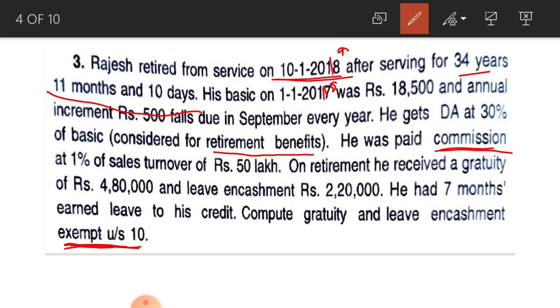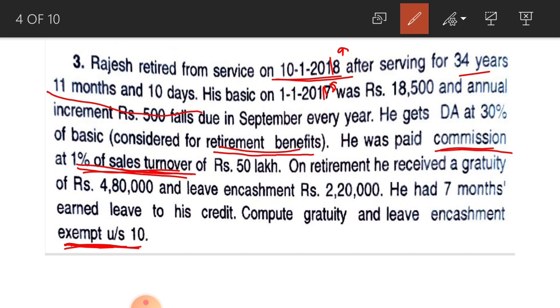If they are not mentioning as retirement benefit, only basic you have to consider. Next, see, he was paid commission at 1% of sales turnover. Here, commission is on sales turnover. That means you have to consider it for calculation of salary purpose.